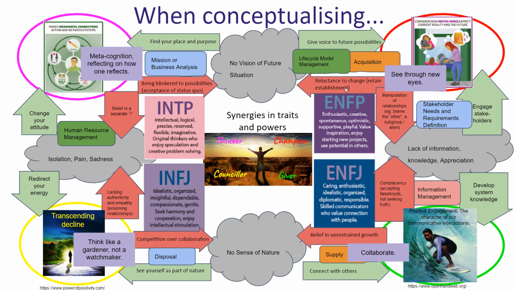So reluctance to change, manipulation of relationships, complacency, belief in unrestrained growth, competition over collaboration, lacking authenticity and empathy, and belief in a separate I. So I go back again and say, well, what system is that part of?